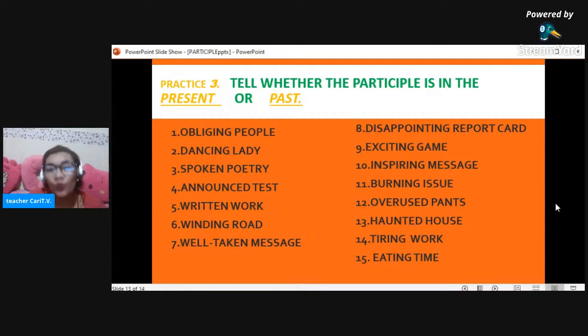So number 1, obliging. Just look at the ending of the first word. Dancing. Number 3, spoken. Number 4, announced. Number 5, written. Number 6, winding. Number 7, well taken. Number 8, disappointing.